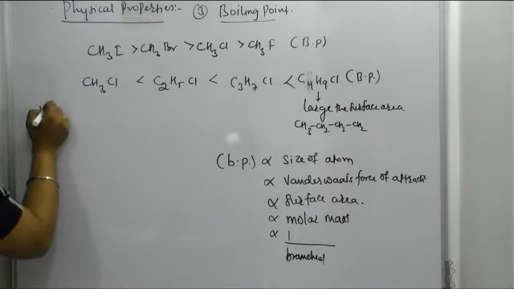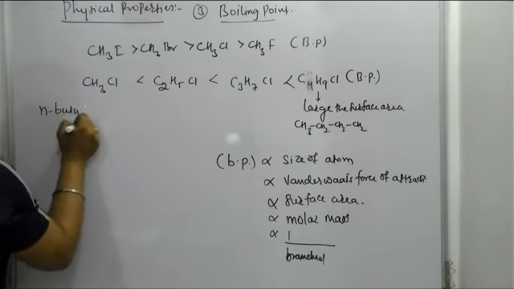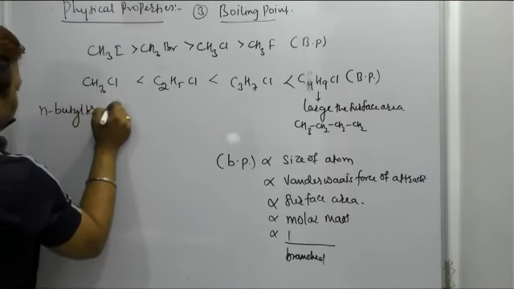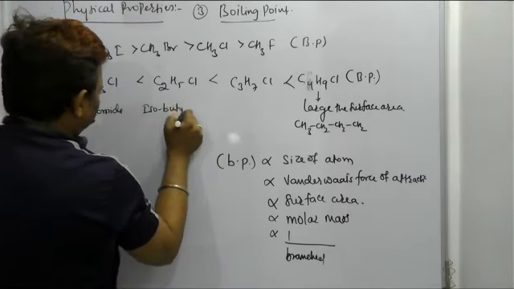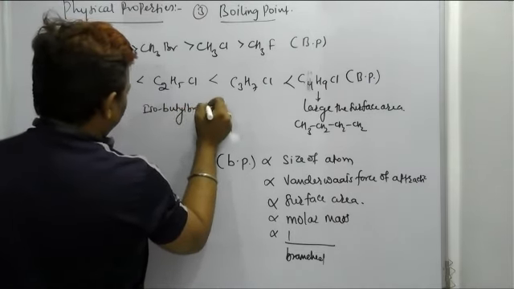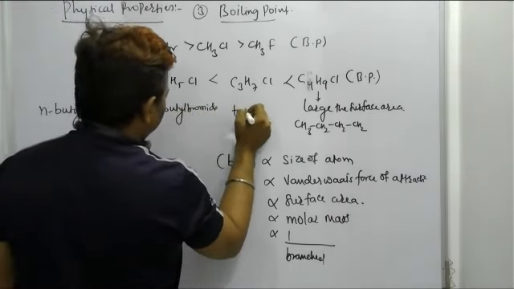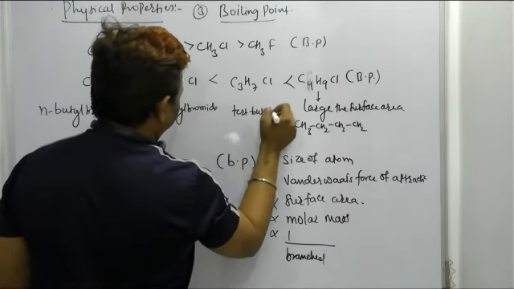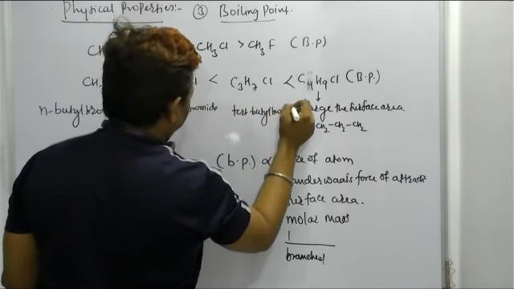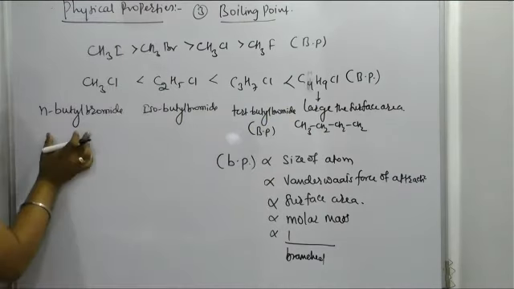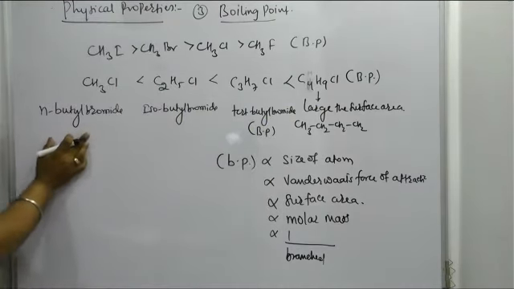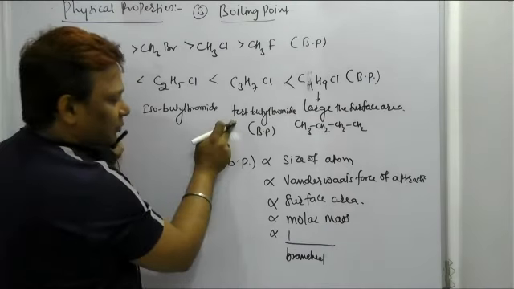Now I have n-butyl bromide, isobutyl bromide and tertiary butyl bromide, and I want the boiling point order. n-butyl has the larger surface area, iso has one branch, tertiary has more branches.